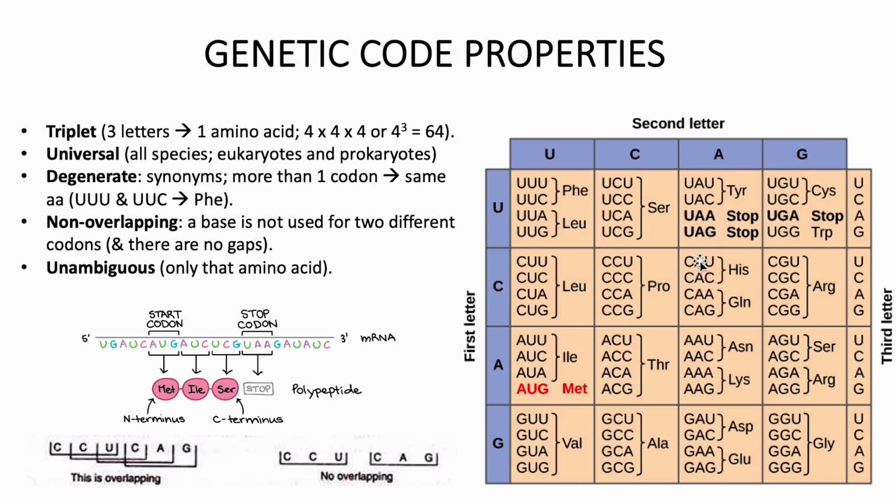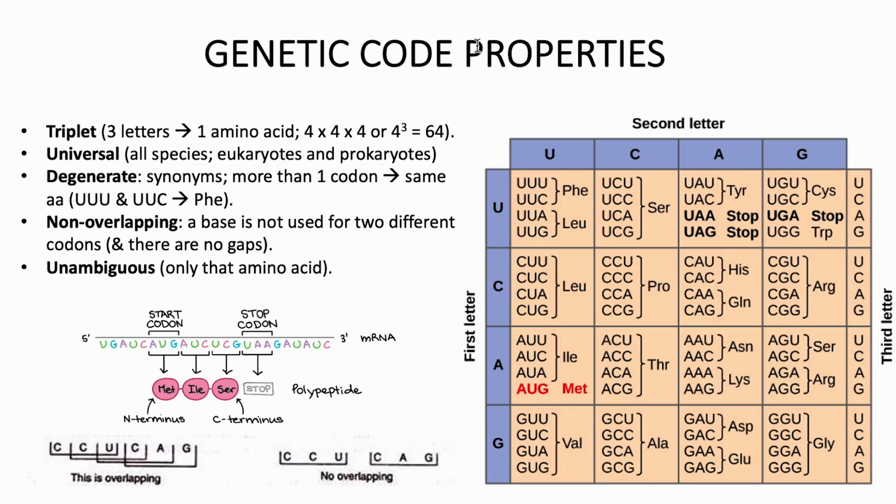And there are 3 stop codons, UAA, UAG, UGA. There are also mnemonics to remember that. Those are: you are away, you are gone, you go away. These are the 3 mnemonics that we typically use to remember which codons are the stop codons.